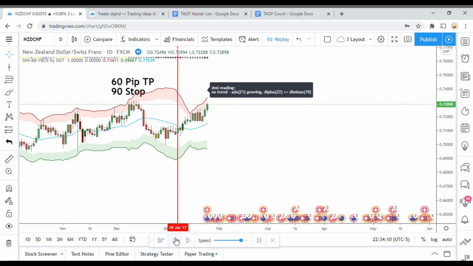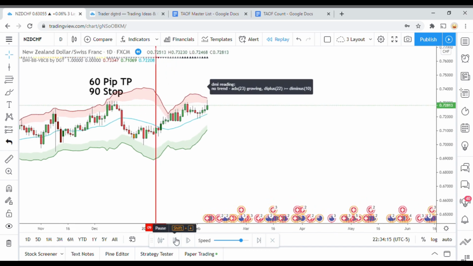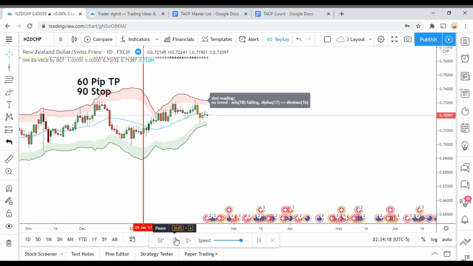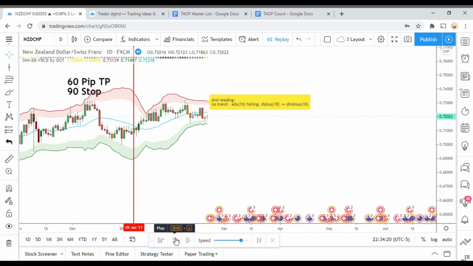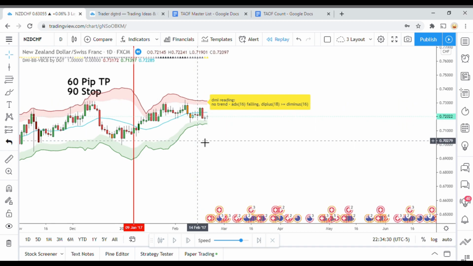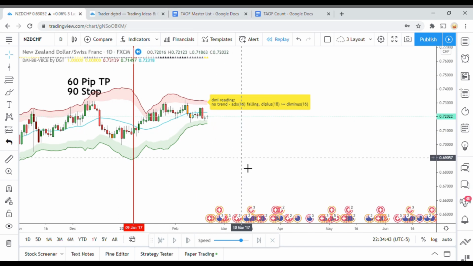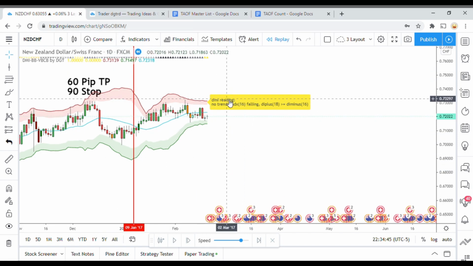You see it's no trade, no trade. It's just riding along here, not really doing much, not giving us any kind of signal whether we should be going short or long. Again, it's changing colors, and if you hover over this box, it gives you an idea. A weak trend is yellow, and I believe you would have to go back and look at the page for this indicator.